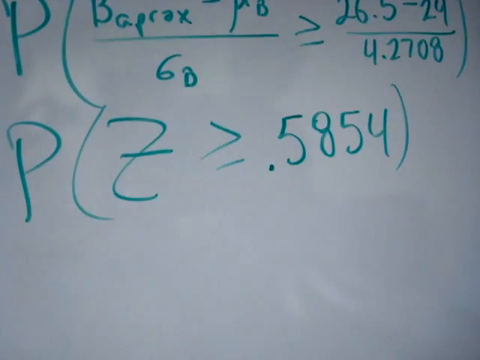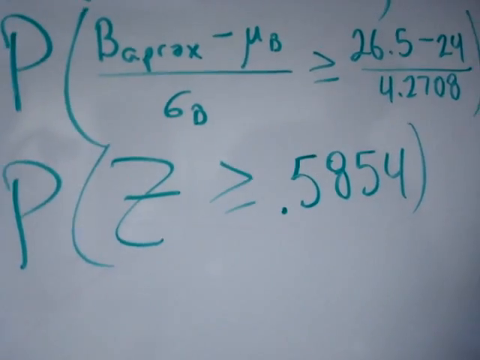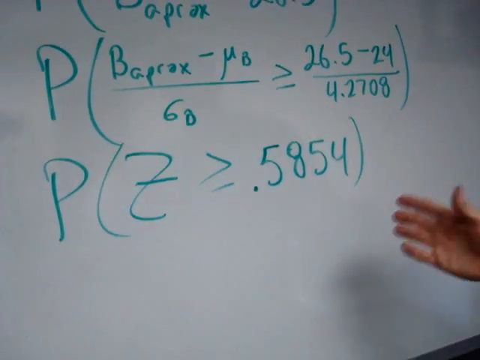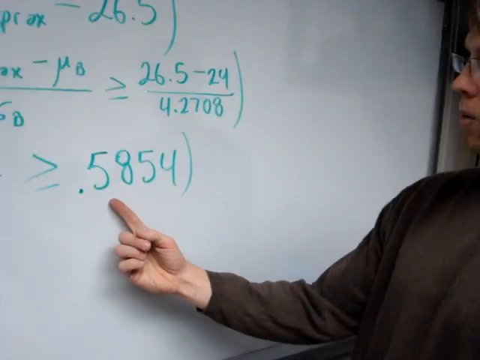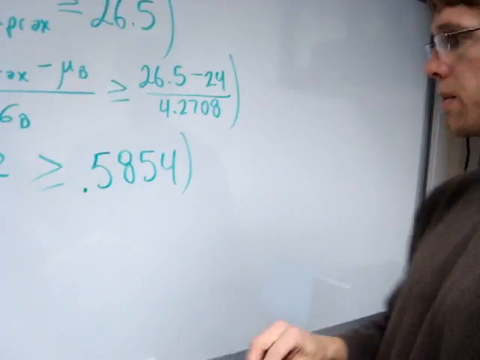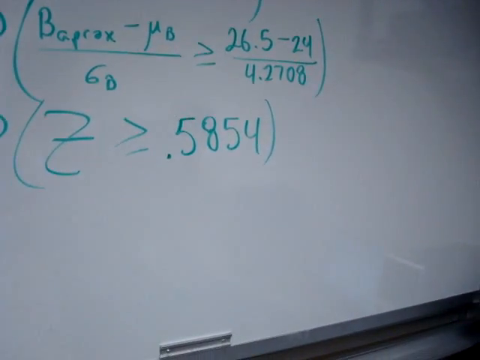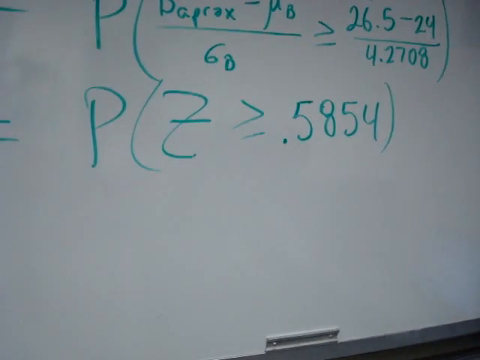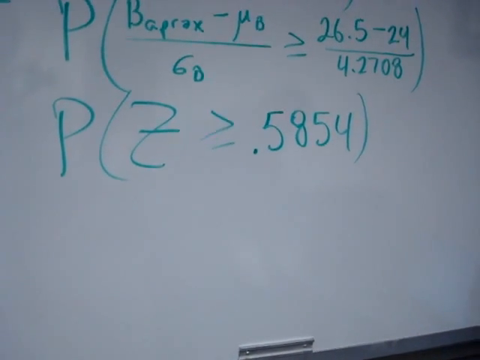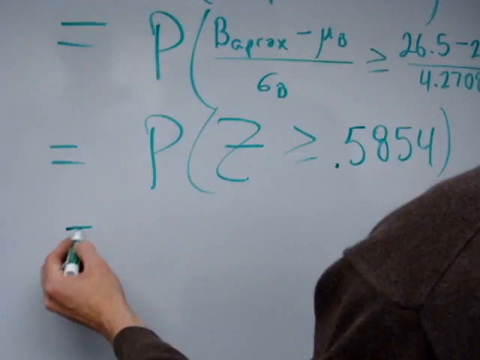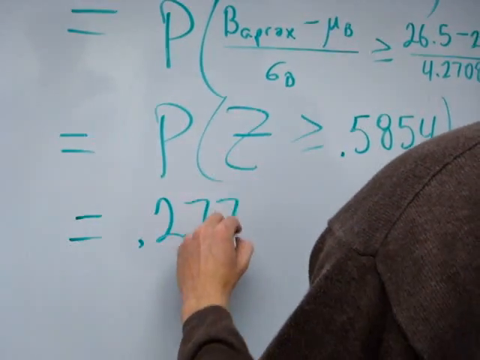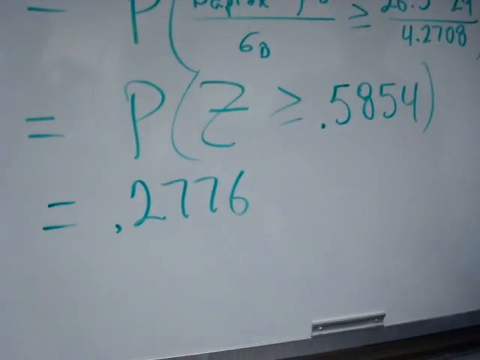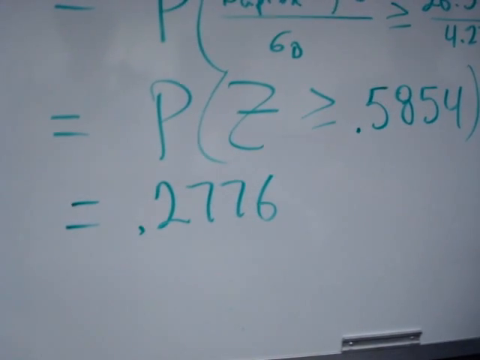Okay, and so we want to know the probability that a normal 0, 1 is bigger than 0.5854. If you just use the table in the back of your book, we're going to have to round this to 0.59. So 0.2776 is what you end up with if you just use the table in the back of your book. That's the best you can do.